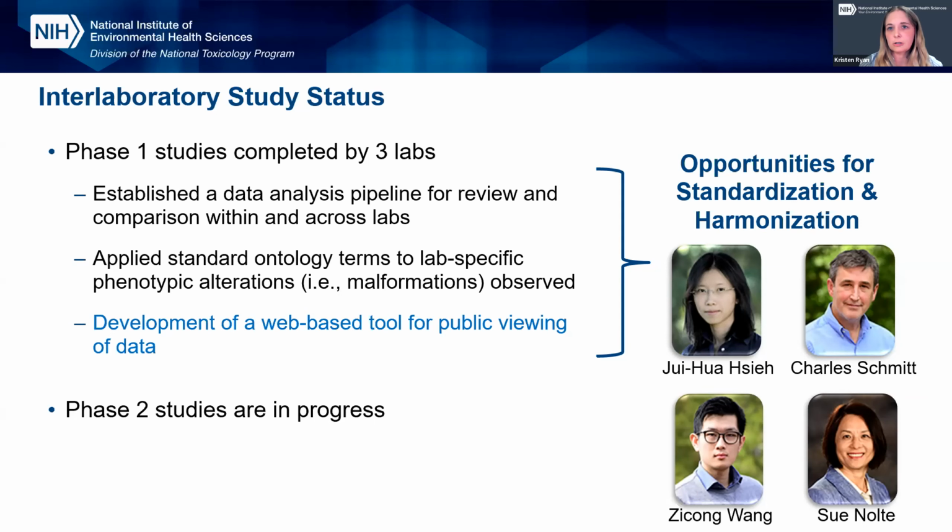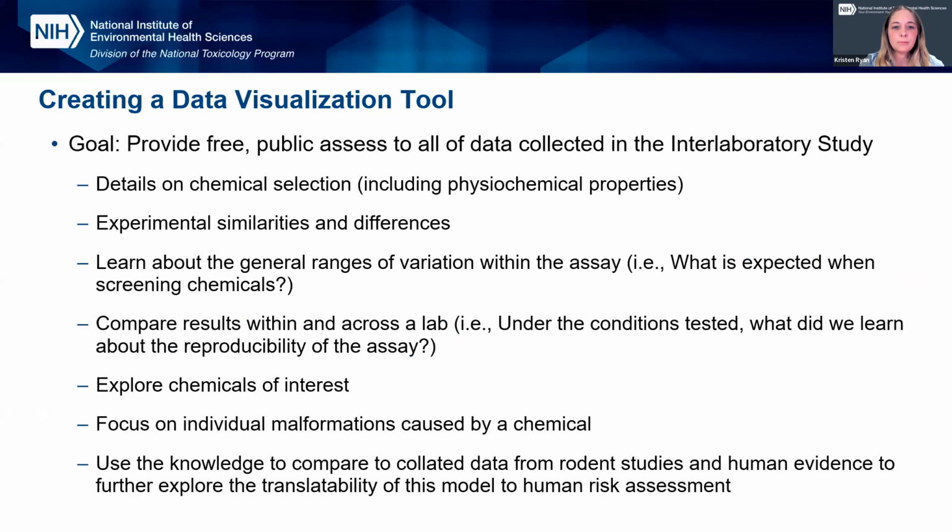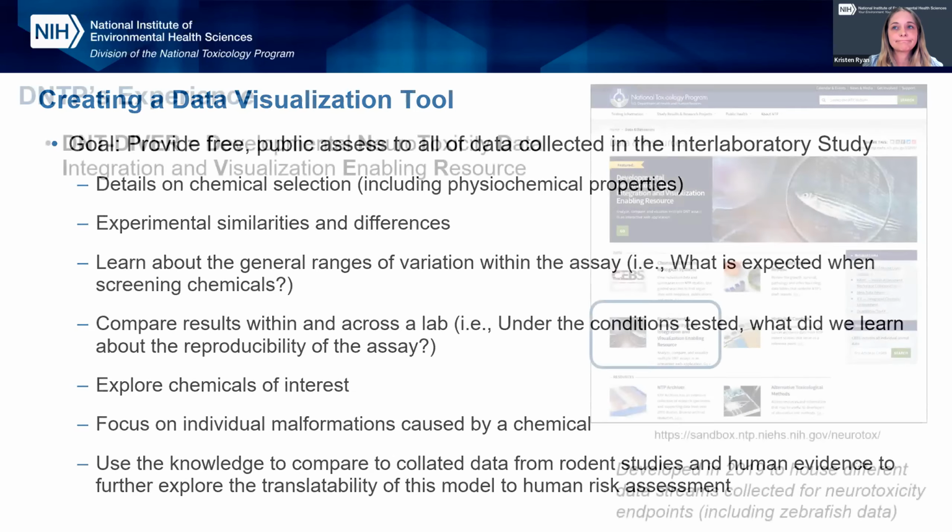This is just in the early stages, so I'm just going to mention that we're developing this free tool because we want people to have all the information from our study, including why we tested these chemicals, experimental differences and similarities, learn about general ranges of variations within assays and compare results across labs, and hopefully eventually collate all this data to compare it to rodent studies and human evidence for further translation and risk assessment.